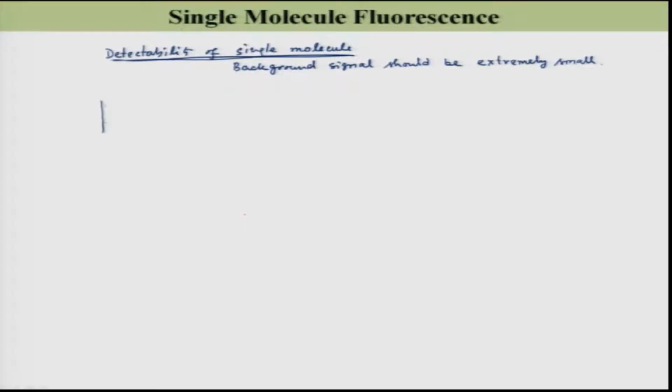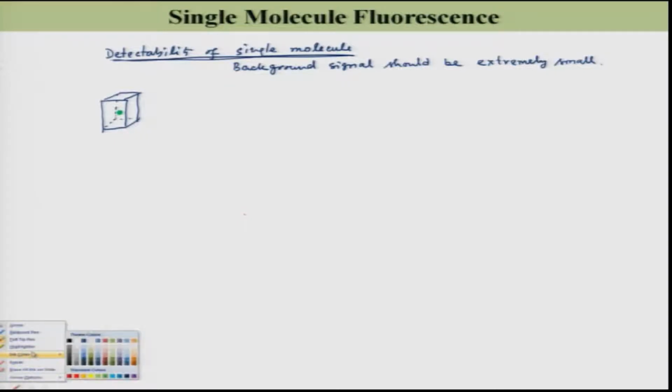Let us say you have this sample cell and you want to take a single molecule inside it, and the sample cell is filled with some solvent. What is your intention?